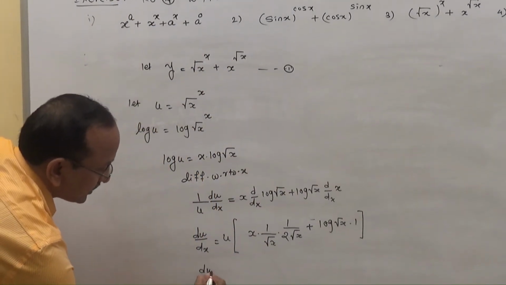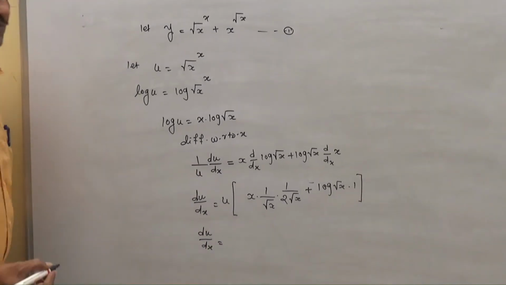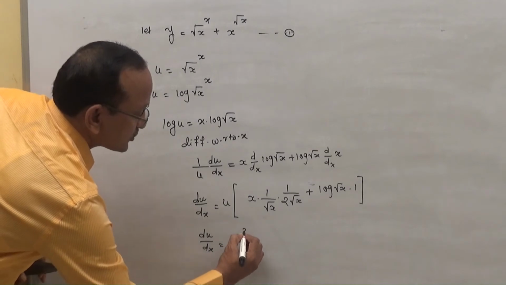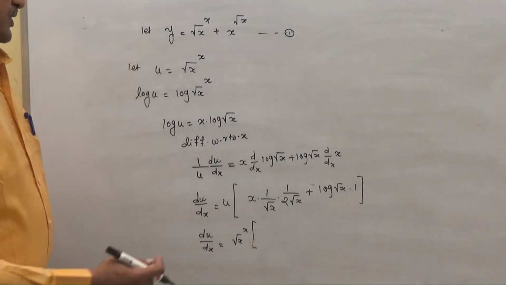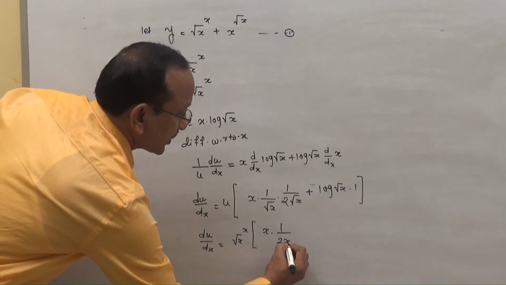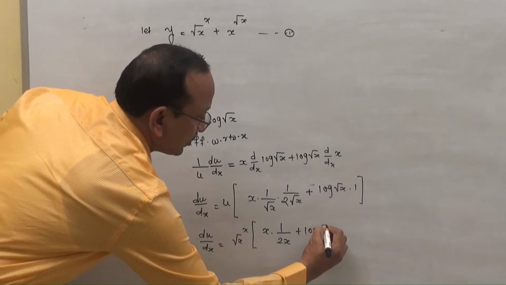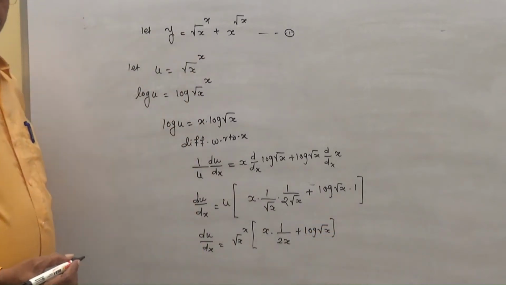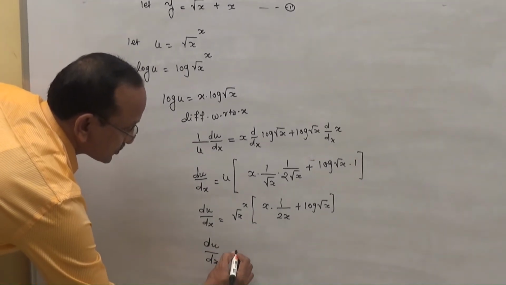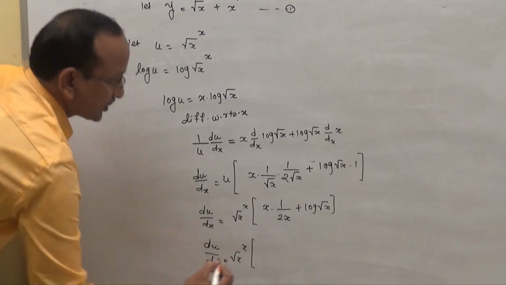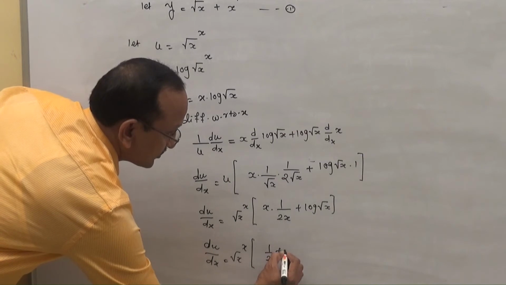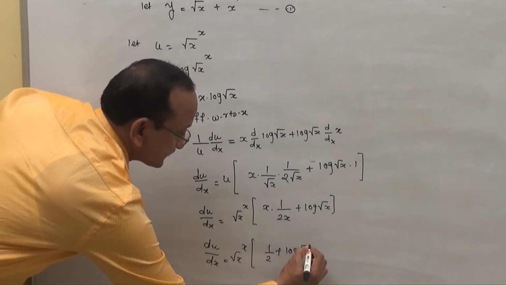So du by dx is equal to, put the value of u here, root x raised to power x into bracket, square and square root cancel, it is x into 1 upon 2 times x plus log of root x. Then x cancels, du by dx is equal to root x raised to power x into bracket, half plus log of root x.